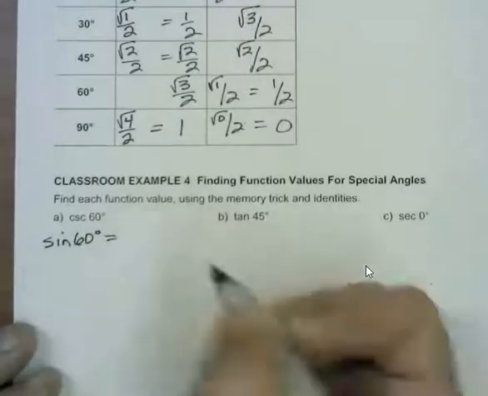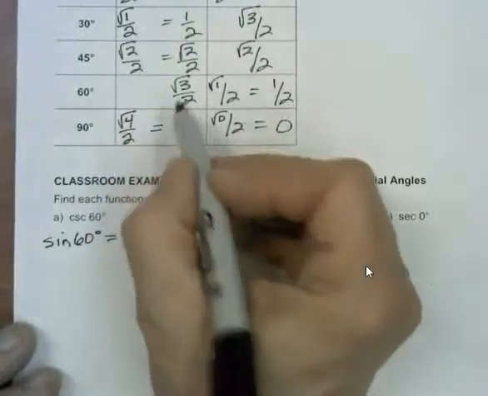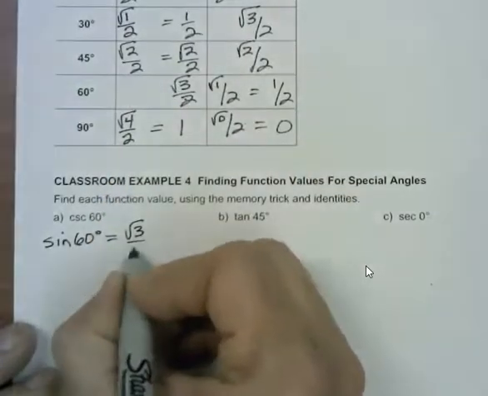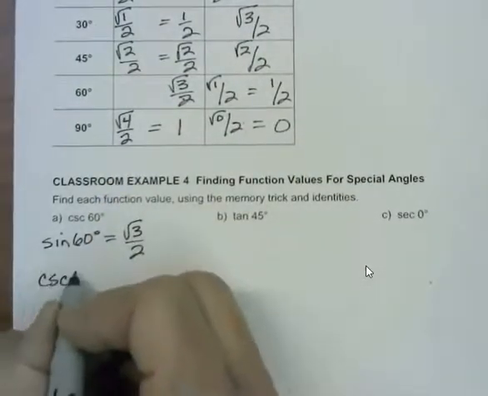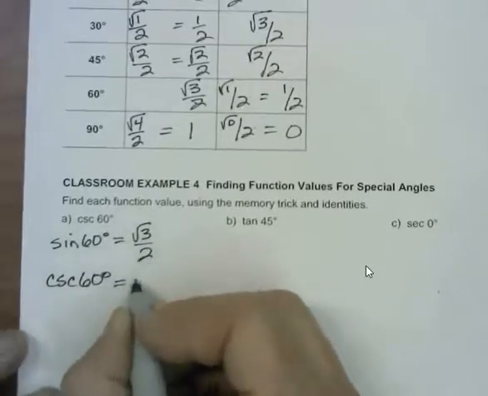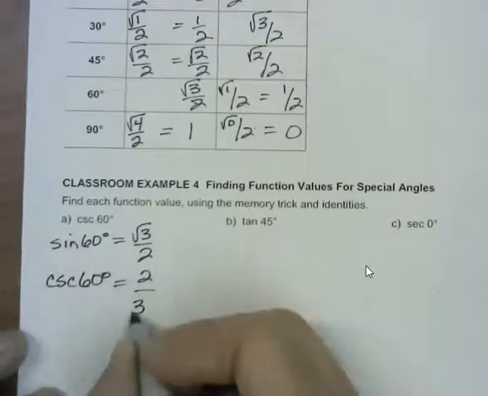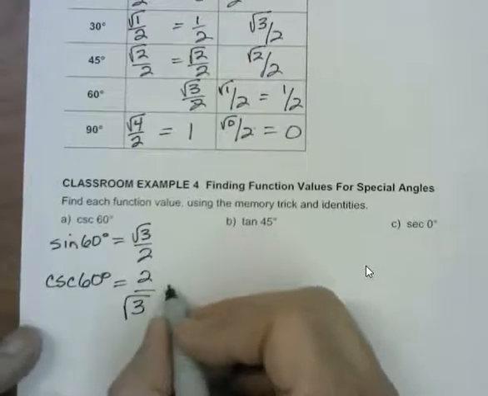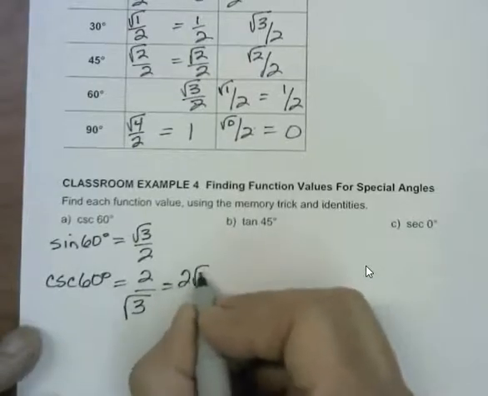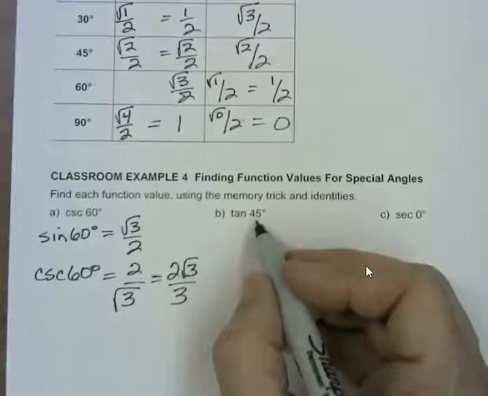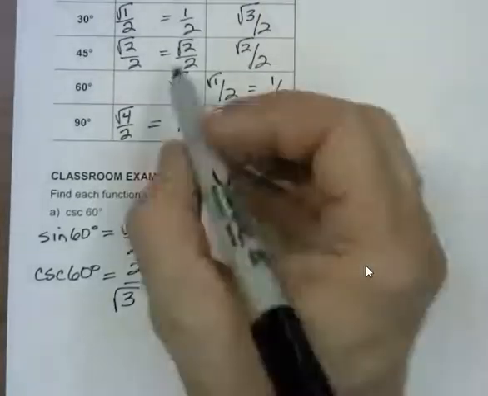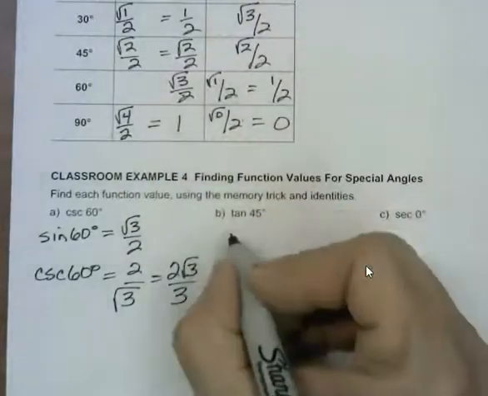So sine of 60 degrees, looking at our little table up here, is the square root of 3 over 2. For cosecant, we're going to flip that over. And if we want to rationalize the denominator, we're going to get 2 times the square root of 3 over 3.